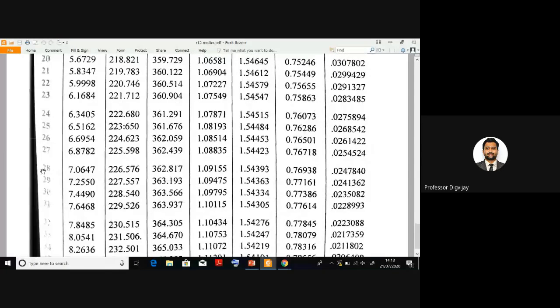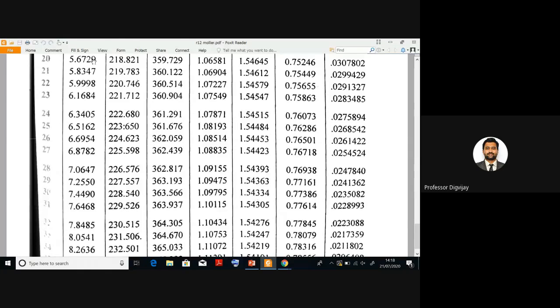Let us say our room temperature is 30 degrees Celsius. At 30 degrees Celsius, its saturation pressure will be 7.449 or 7.45. This will be the entropy of saturated liquid and entropy of saturated vapor.